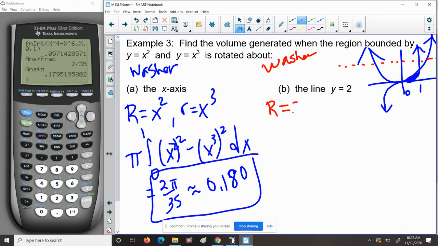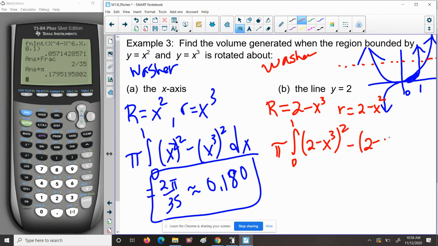So we're taking 2 minus x cubed. For little r, we're going from the line of rotation to the closer edge of the area. So that's going from 2 down to x squared. So that's 2 minus x squared as little r. So let's set this up. Pi times the integral from 0 to 1 of (2 minus x cubed) squared minus (2 minus x squared) squared.